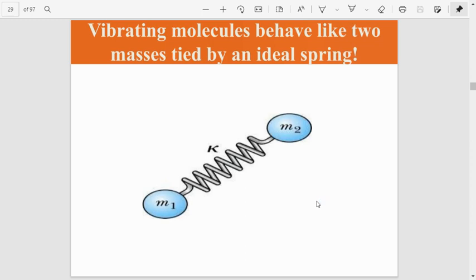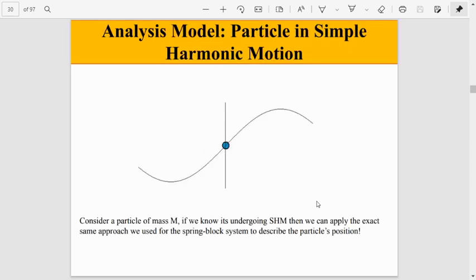In fact, you don't necessarily have to have a spring, right? Simple harmonic motion, like you saw, can be undergone by a guitar string or bungee rope. So you can say that a particle is undergoing simple harmonic motion as long as it has an acceleration proportional to its displacement from equilibrium, and that it's always in the opposite direction.